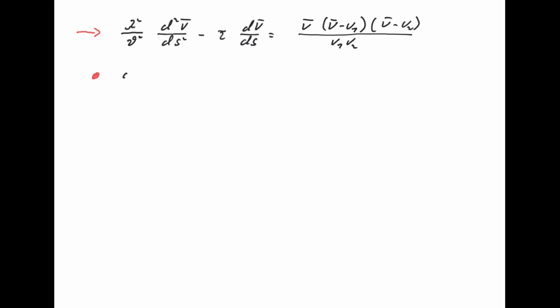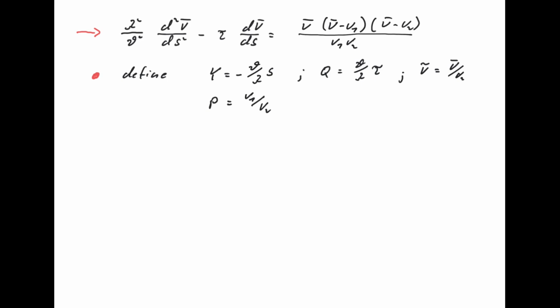So first we define a variable y, which equals minus theta divided by lambda times s. Again, a unitless number. Then we find q, which is theta divided by lambda times tau. Further, we define a reduced voltage, V tilde, which is V bar divided by V2. And we have an additional parameter p, which relates the two crossings of this third order equation, given by V1 divided by V2.